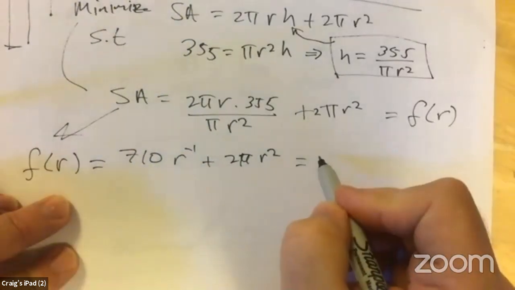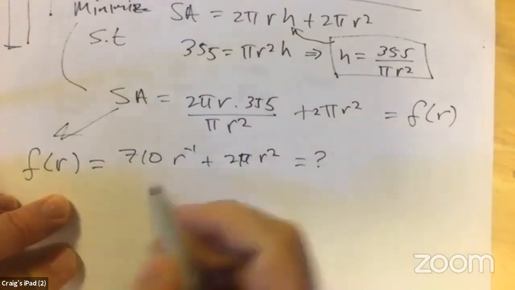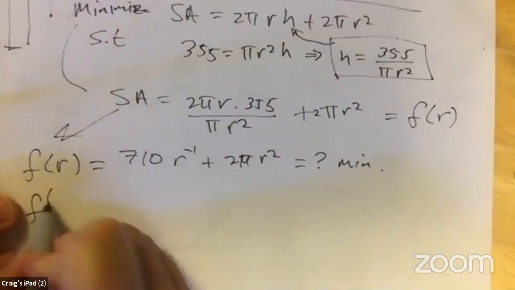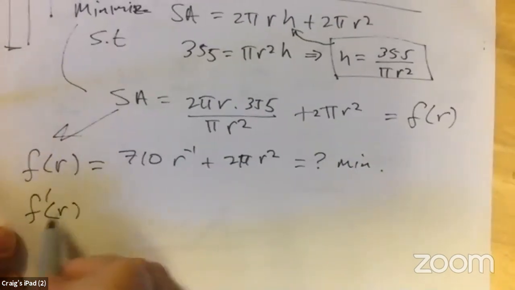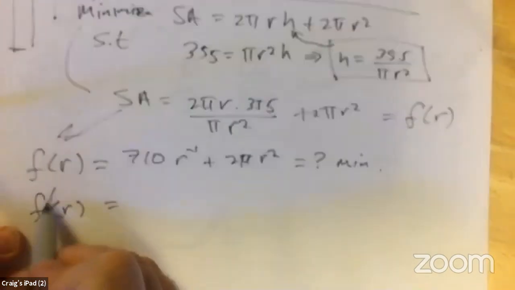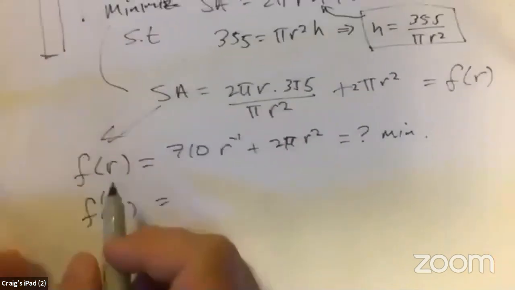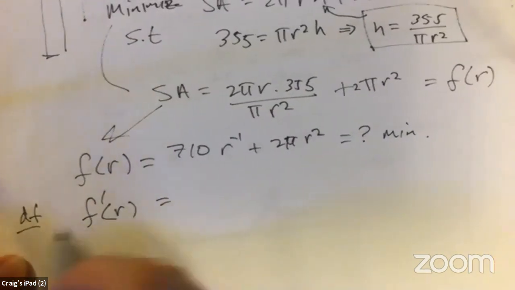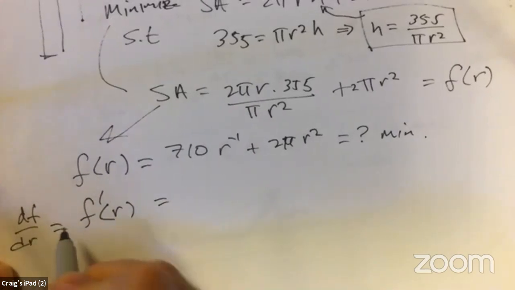I want to try to find when this is a minimum, so I'm going to take the derivative with respect to r. Maybe I shouldn't use that notation because we were just talking related rates. Am I differentiating with respect to t? No, I'm differentiating with respect to r.